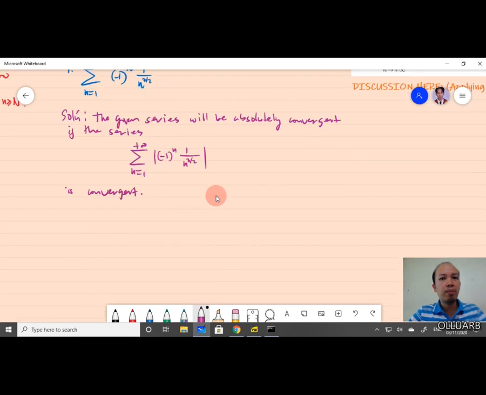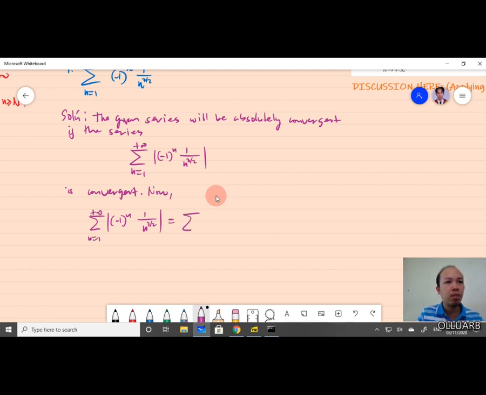Let's simplify this series: summation of 1 over n to the 3 halves.